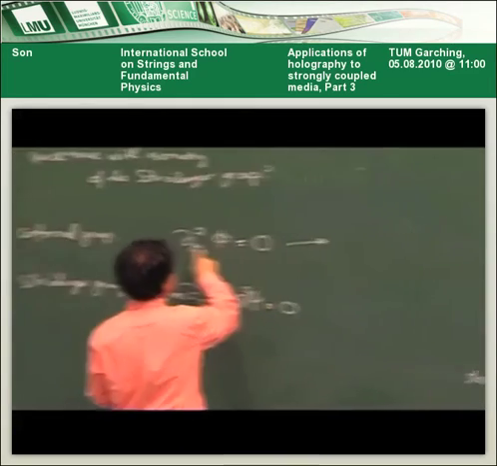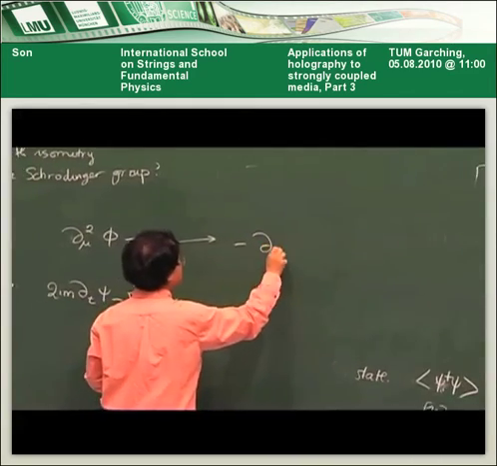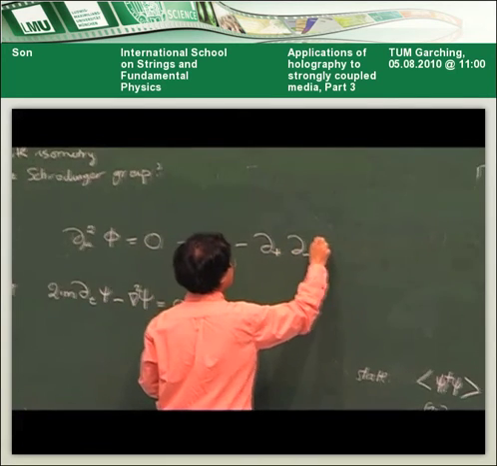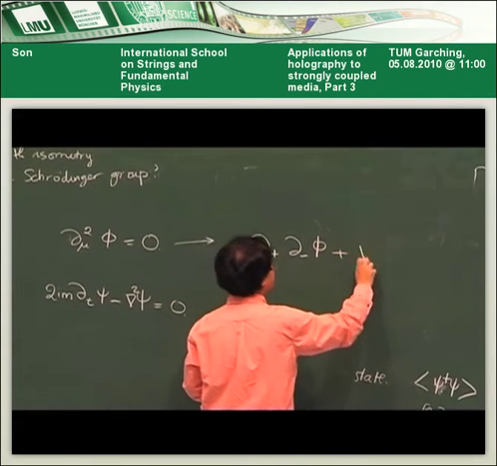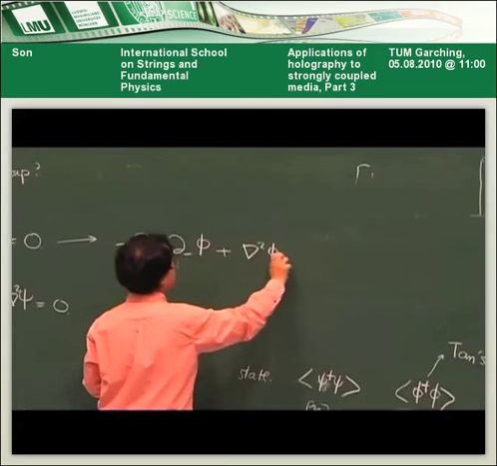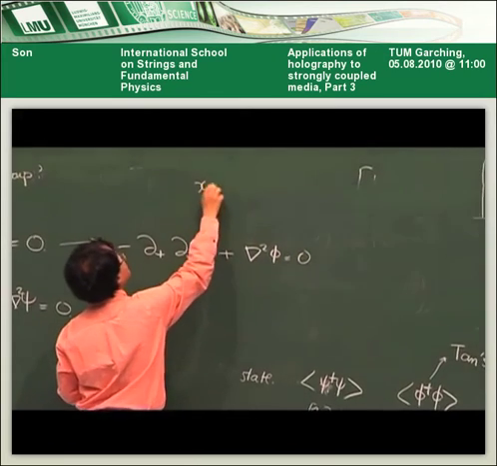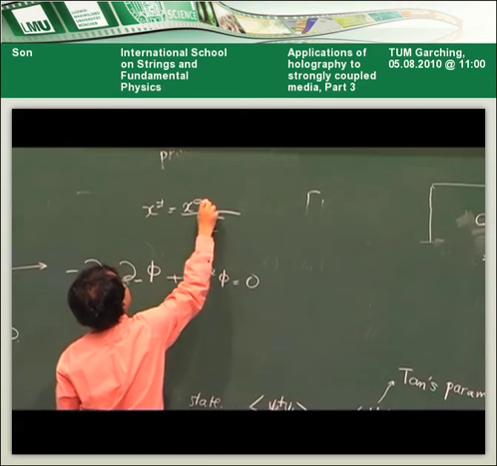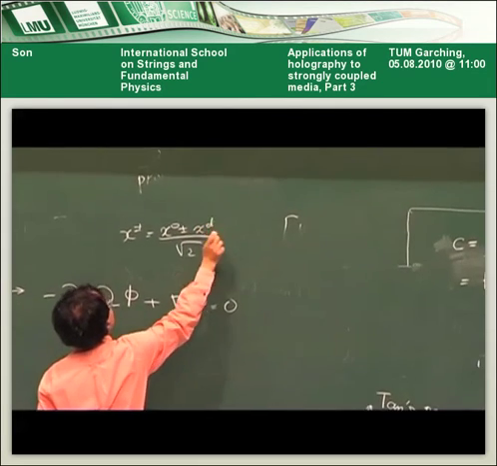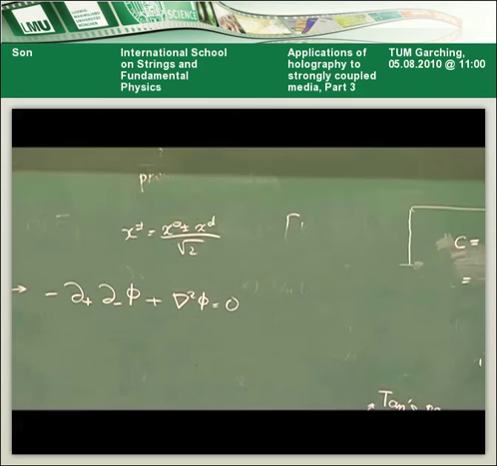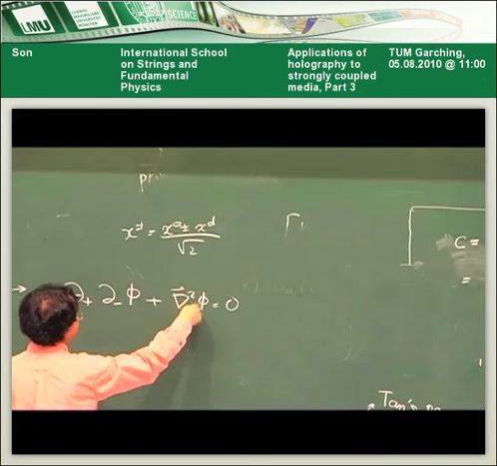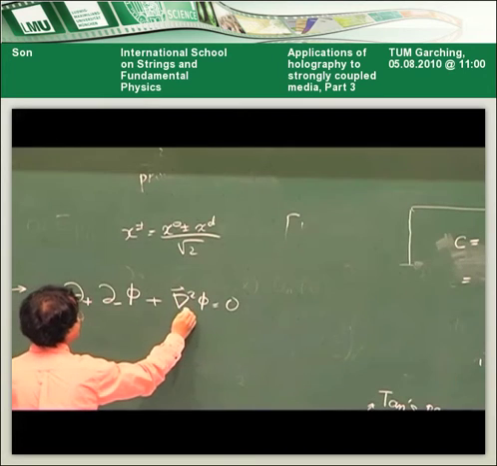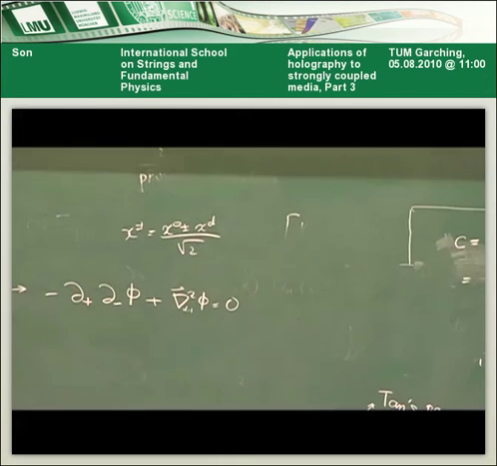So in the light cone coordinates, this Klein-Gordon equation becomes this. X plus minus is equal to x0 plus minus xd, divided by square root of 2. And this is a d minus one-dimensional Laplacian.